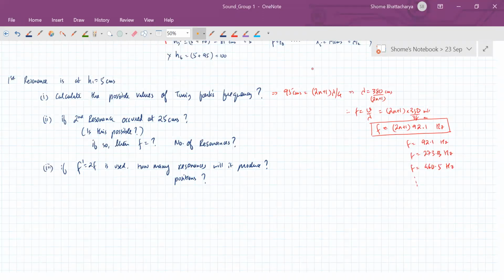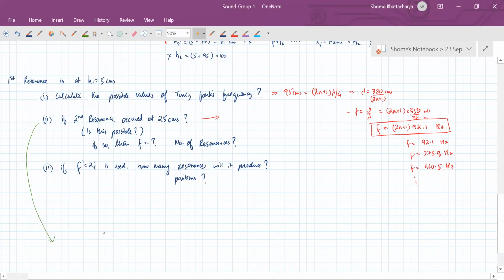Okay. So the second part, what is happening is, yes, what you understood is correct. For the first height of 5 centimeters, the length of the resonating column is 95 centimeters.